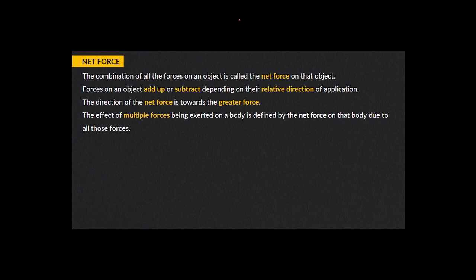So what is net force? Net force is the combination of all forces, I think. Exactly. The combination of all forces is called net force. Suppose there is an object. You apply first force F1, which is 5 Newton.